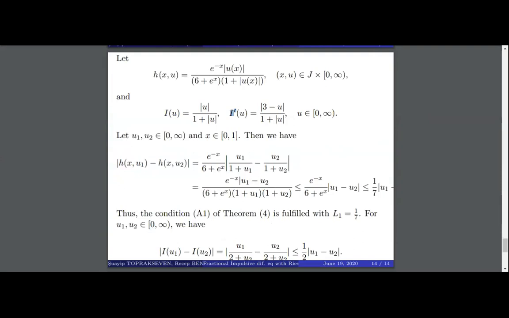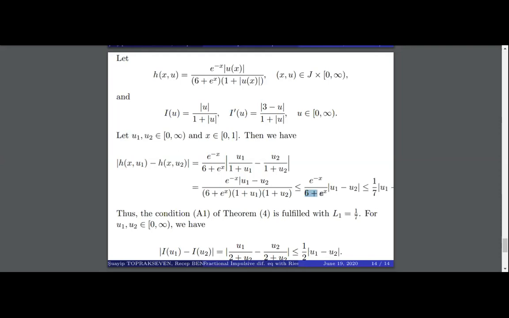The difference of H(u1) minus H(u2) equals this quantity, and some modification gives this.